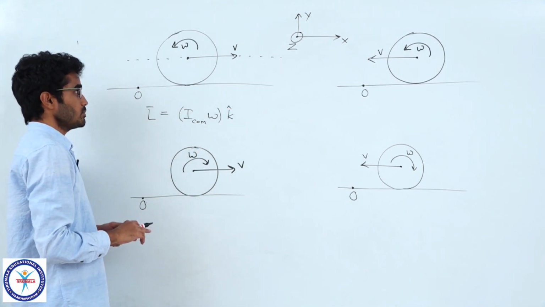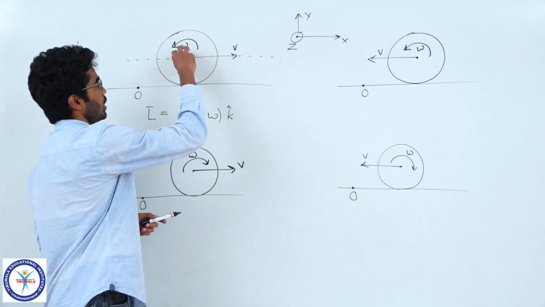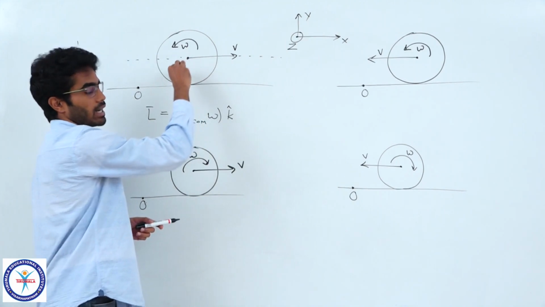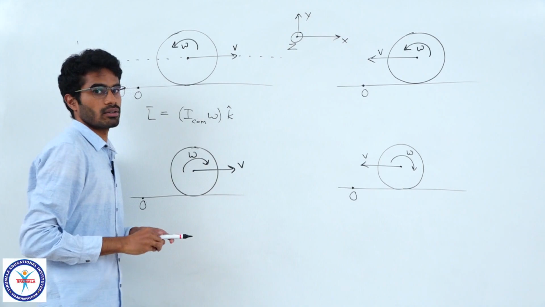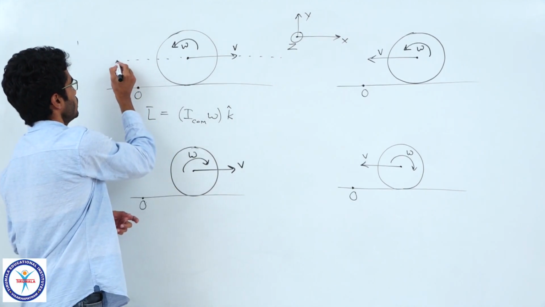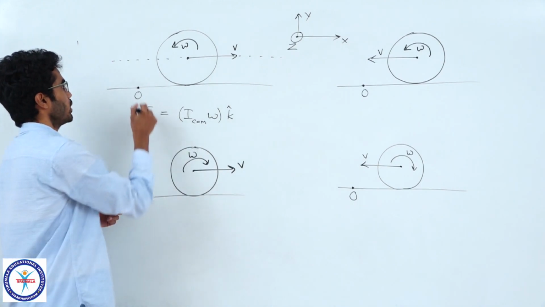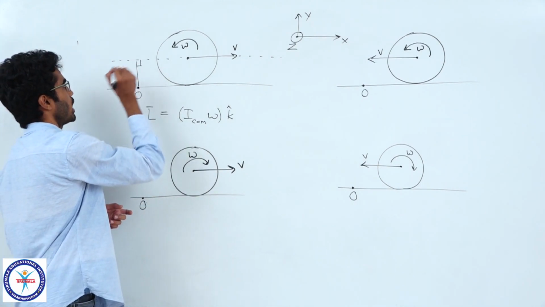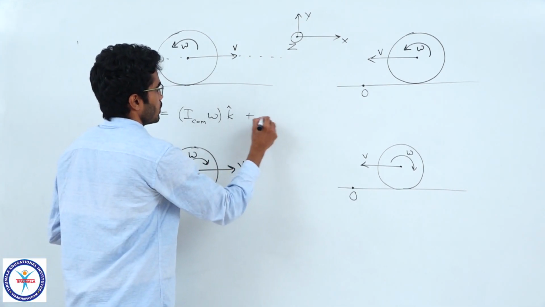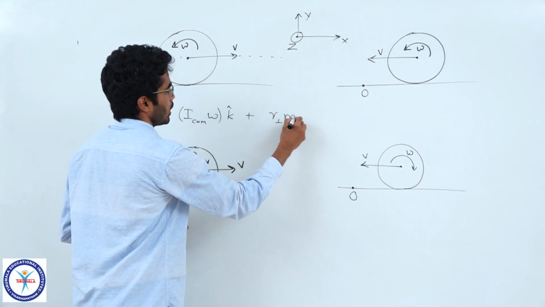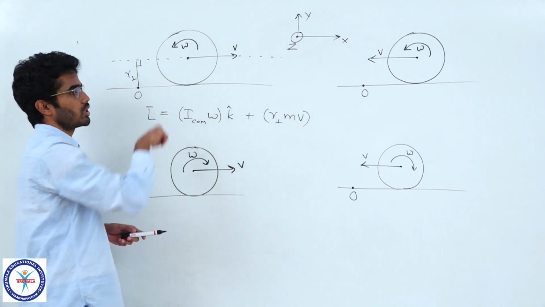Now, you should see how the center of mass is moving. With the entire mass located at that point, the point mass is moving towards right, and this is the line along which it is translating. So, we can drop a perpendicular to that line, that is our r perpendicular, and the angular momentum will be r perpendicular into mv, r cross p.